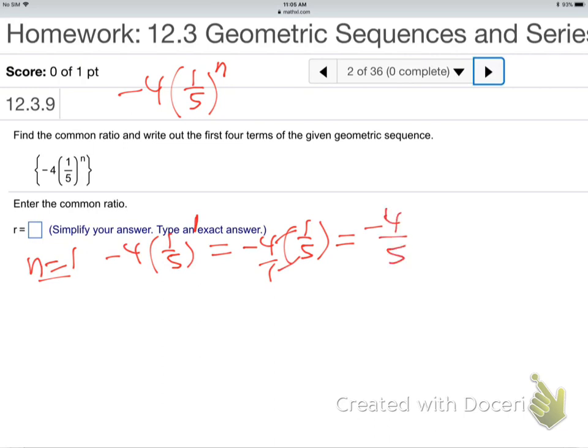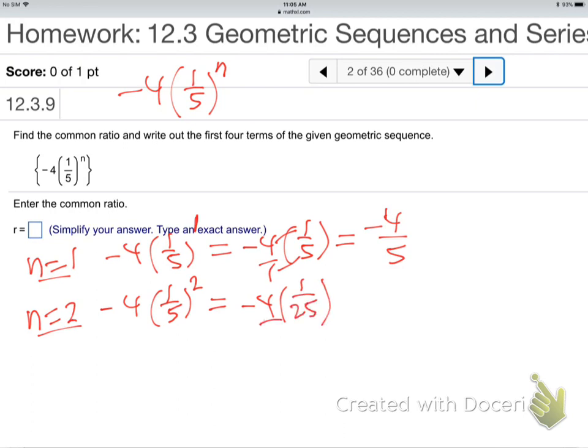So that's the first term. Second term. Plug in 2, -4 times 1/5 to the second. Can you get that one? So that'll be -4 times 1/25, since 1/5 squared is 1/25.